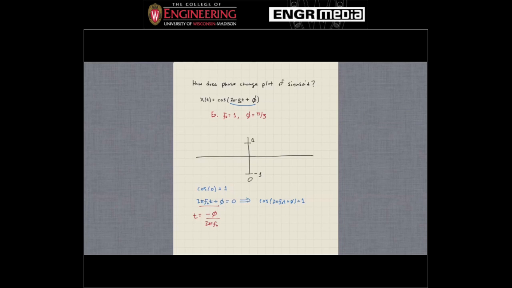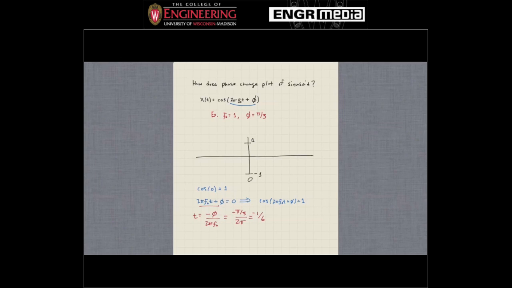And at this time, we know that cosine has a maximum value. So if we use the values phi equals pi over 3 and f naught equals 1, then this is just minus pi over 3 divided by 2 pi, which should just get me minus 1 over 6.